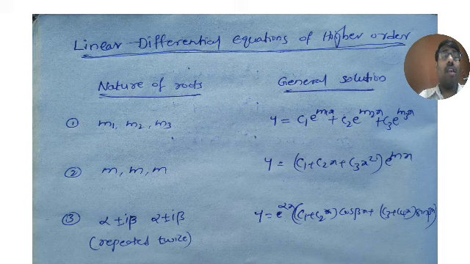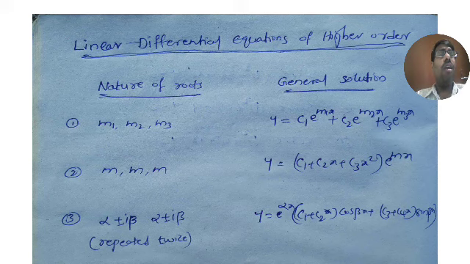So concentrate on these 3 rules, real and equal, real and different, and complex, and the number of roots are more than 2, how to write the general solution. Now let us go to the problems so that you can easily understand the things very clearly.